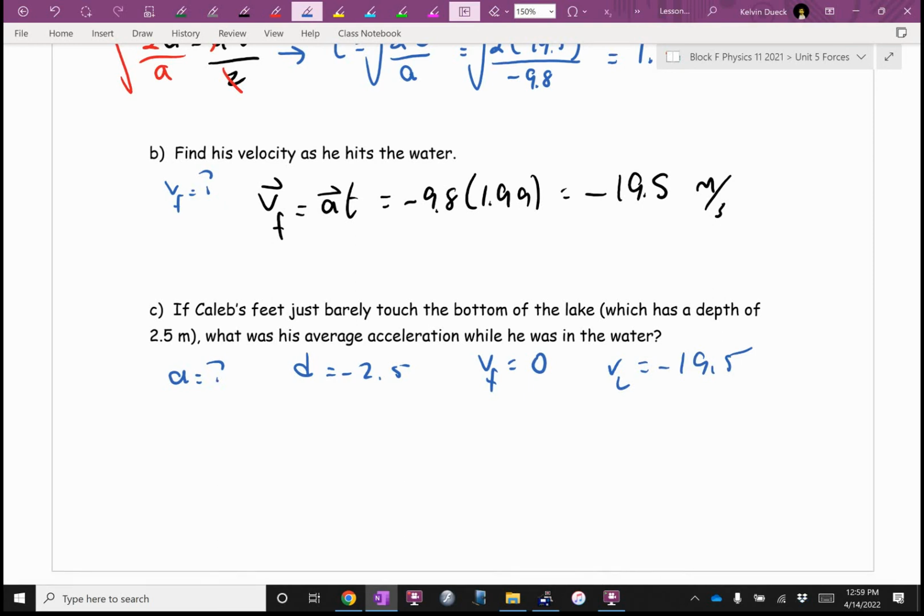Okay. Which equation, Fahim? Get the A by itself. Yeah, VF squared equals VI squared plus 2AD. You used to be good at this. Get the A by itself. I'll give you a hint. The VF squared is what drops down like a domino. I know it's been a while. Then what?